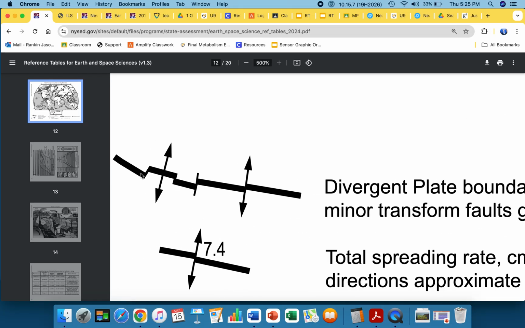It's not continuous. Here you have a bold line, here's another bold line, and it's offset, and that's the offsetting. Here and here, it's not continuous, it's offset. This line and this line, it's been offset. Same thing here, this line and that line, it has been offset.